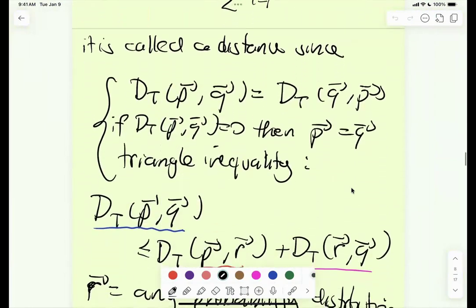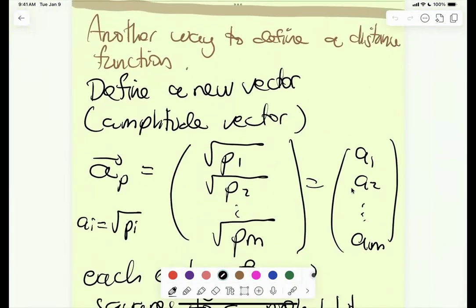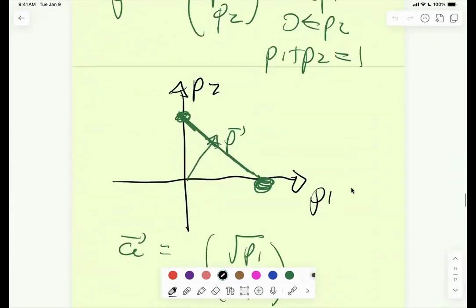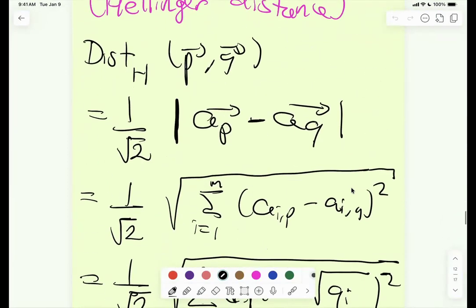Here I was telling you how you could measure distance between probabilities. And then we thought maybe you could take the square roots of the probabilities to get this amplitude vector. One of the nice things about this amplitude vector is that it has Euclidean length 1.